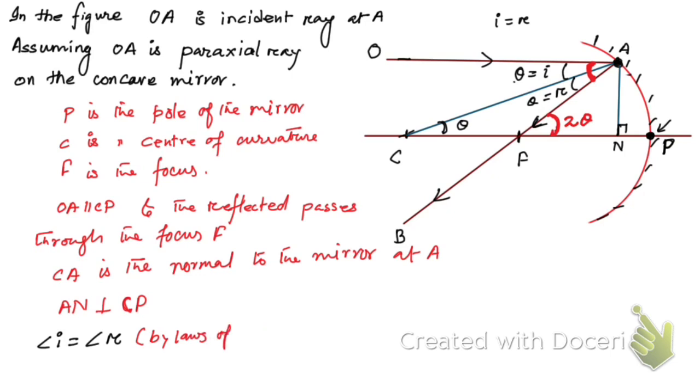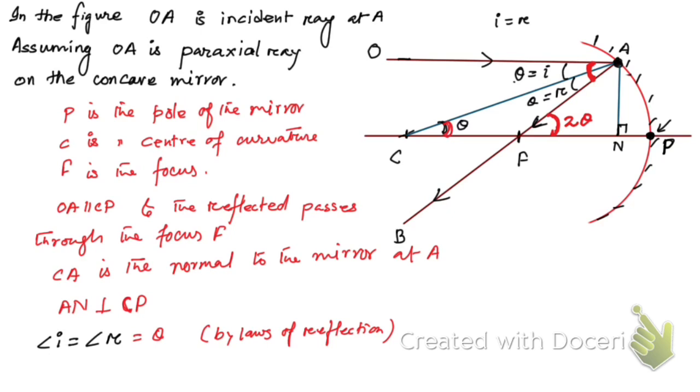By the laws of reflection, angle I and R are both going to be equal to theta, as I have considered this angle is theta.